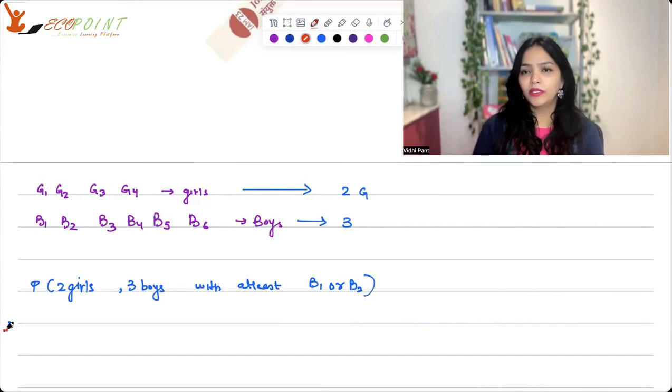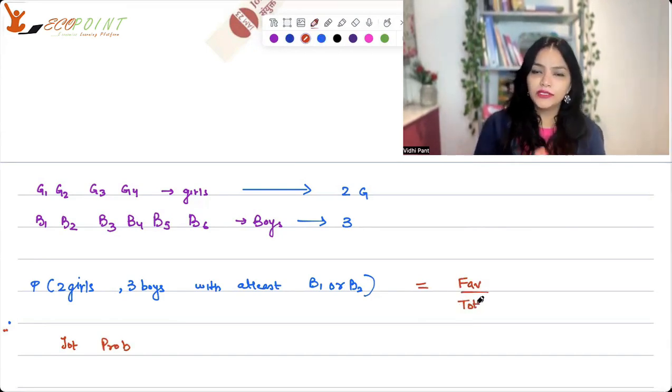Whenever there is a probability question like this, first thing, you should try to find out the total probability associated to the scenario. Because probability is ultimately favorable cases upon total cases, right? What are we doing actually?